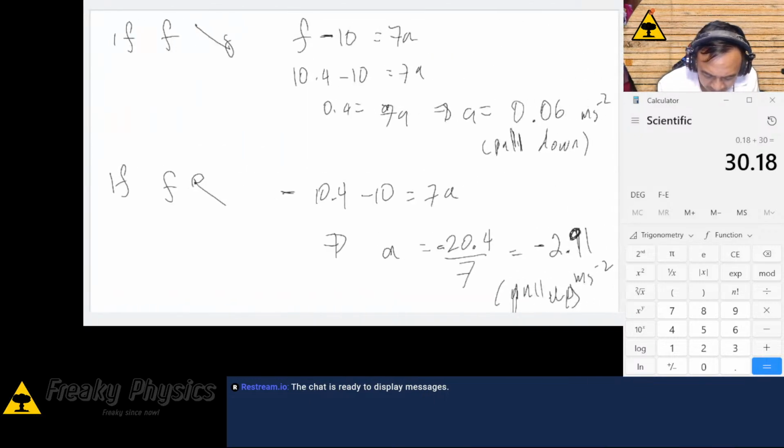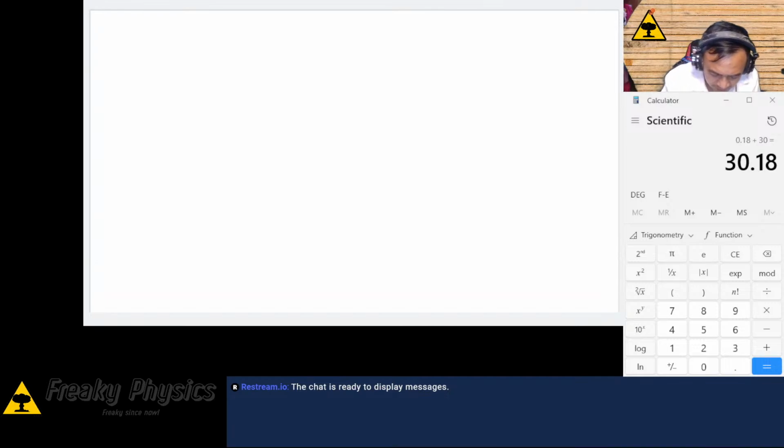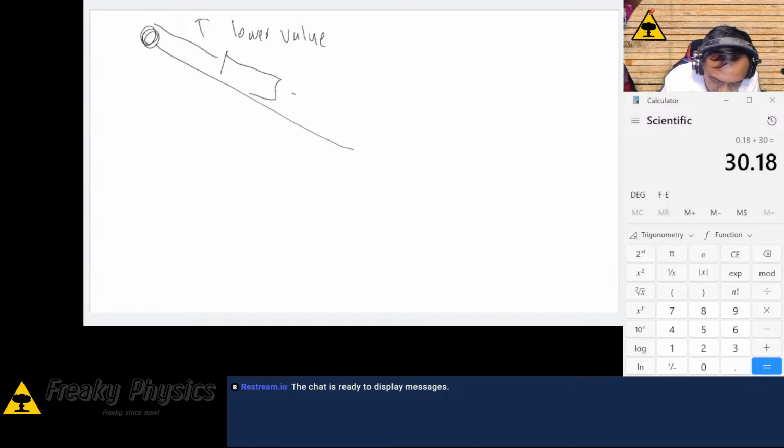Okay, the idea here is this. I'm going to draw that again. What does that mean? If the tension is the lower value, then the object is going to slide that way if the tension is gone. So that means the friction is acting this way.